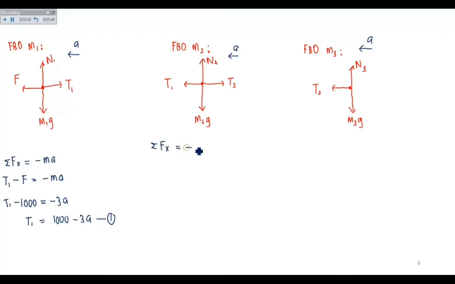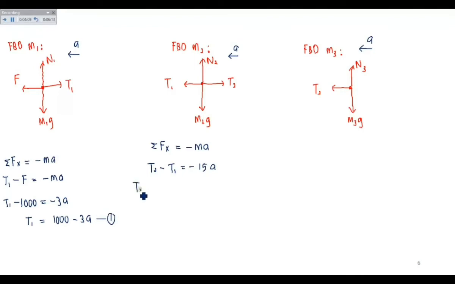Fx equals to negative MA. Okay, forces acting in X direction, kita ada T2 dan juga T1. Okay, so T2 minus T1 equals to negative 15A. Okay, so T1 kalau tengok kita substitute equation 1 into this equation.